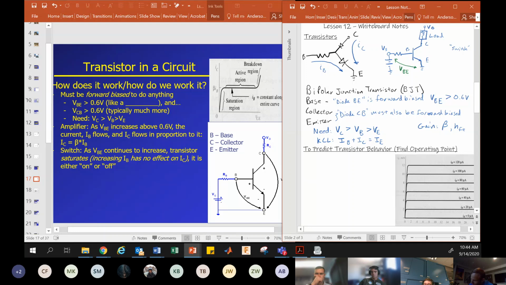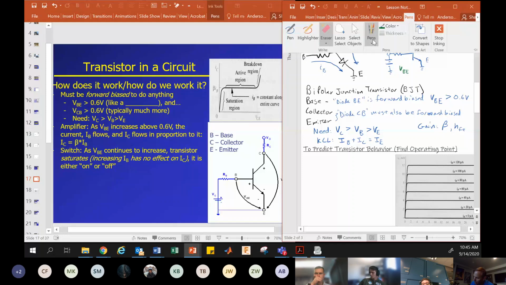I didn't draw that line correctly. Here to here. Okay, that's VBE. And then we're going to have VCE over here.